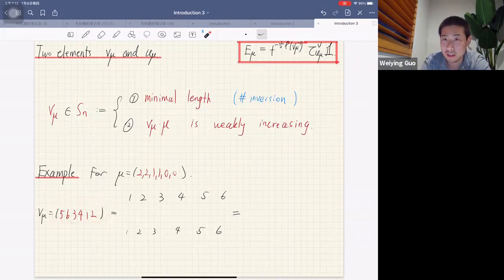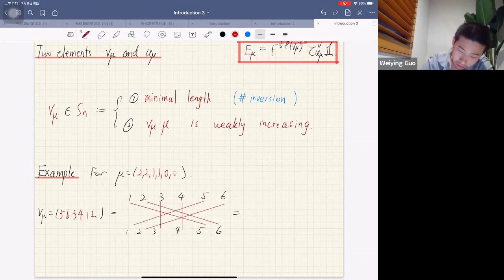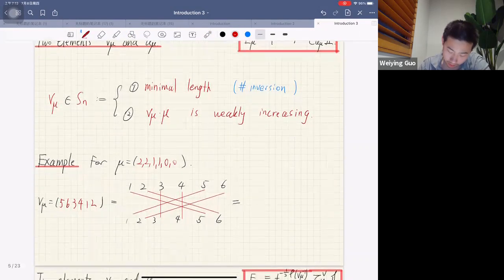Pictorially, we can view this as 1 goes to 5, 2 goes to 6, 3 goes to 3, 4 goes to 4, 5 goes to 1, and 6 goes to 2.